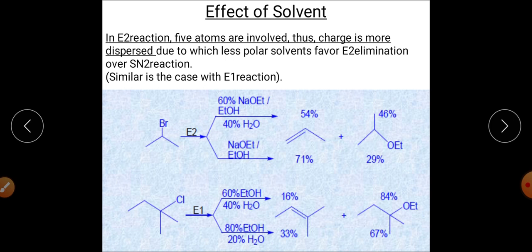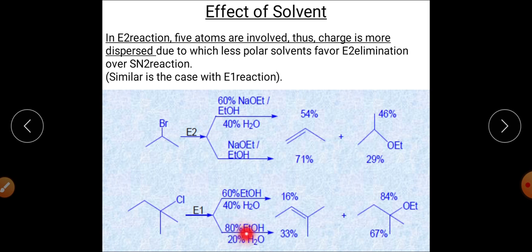You can see from the diagram. This is another example of elimination, right? You can clearly see that here you are taking a more polar solvent. At that time you have 16% of the elimination product and 84% of the substitution product.